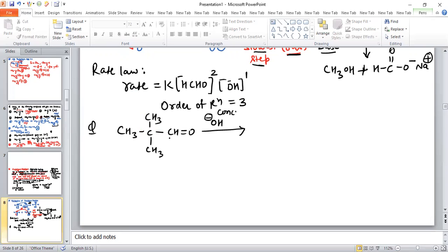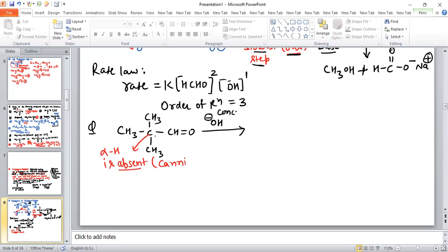Now see, as you can see, alpha hydrogen is absent in this compound. So when alpha hydrogen is absent, which reaction will take place?